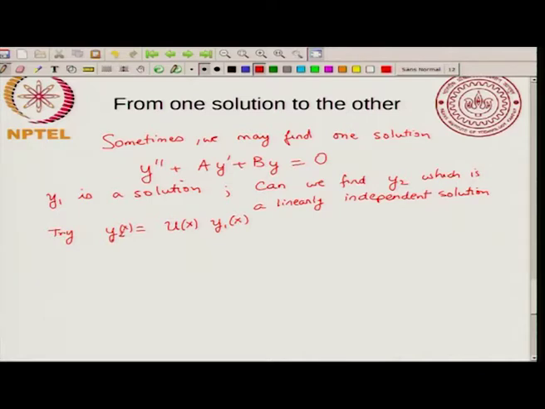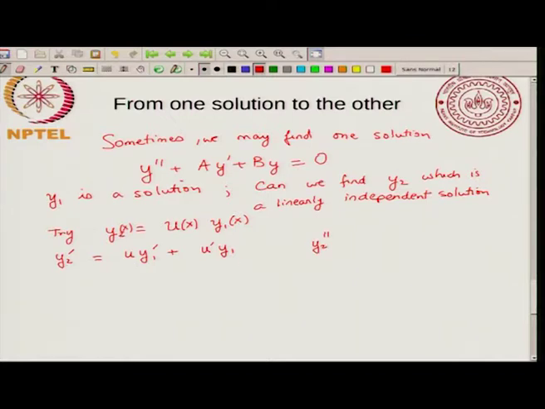Then y2 prime is u y1 prime plus u prime y1. Now y2 double prime is the second derivative of y2, the derivative of the first derivative.